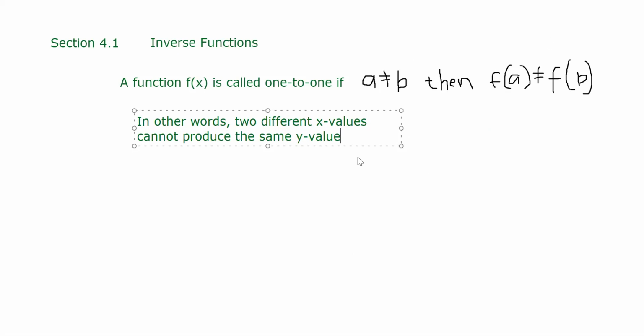Now we're going to put an extra imposition on it and say, well, we also need to look at the case where two different x values shouldn't produce the same y value. It's kind of like the opposite reasoning of that. So there's a lot of interesting things with being one-to-one.